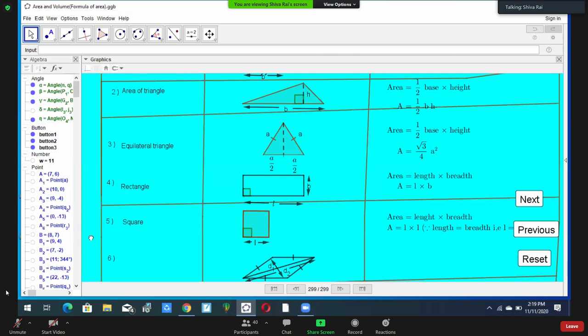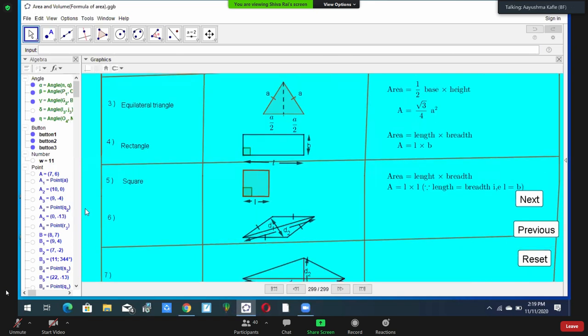Next, tell me, what figure is this, number 6? Rhombus. You look here, all the sides are equal, and one diagonal is D1, another diagonal is D2. If diagonals are given, we can find out the area of this plane figure.